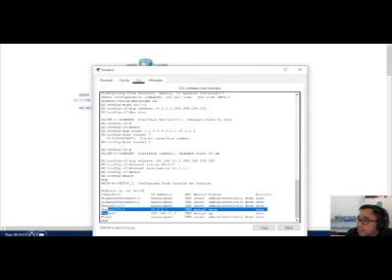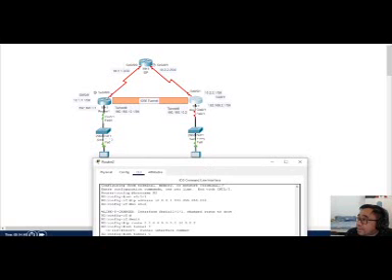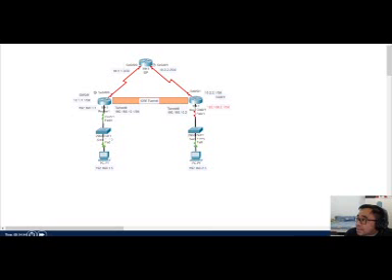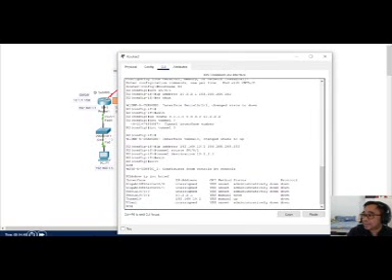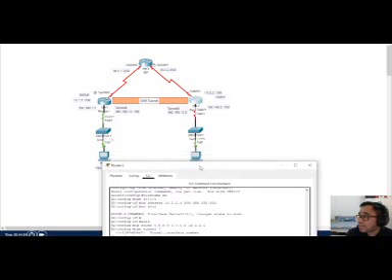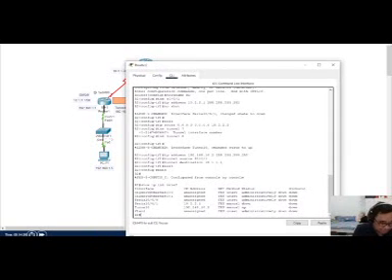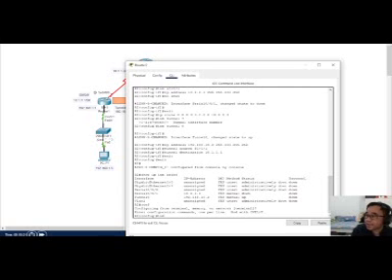So serial and tunnel, and we forgot the IP address for this one. So where is it connected? G0/1. Okay, config, interface G0/1.